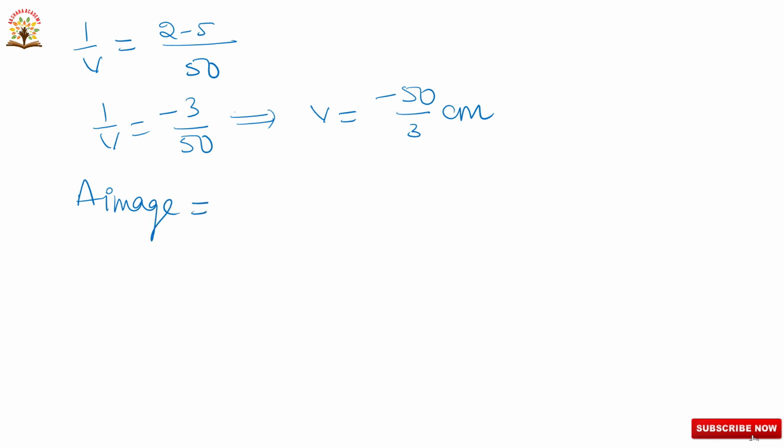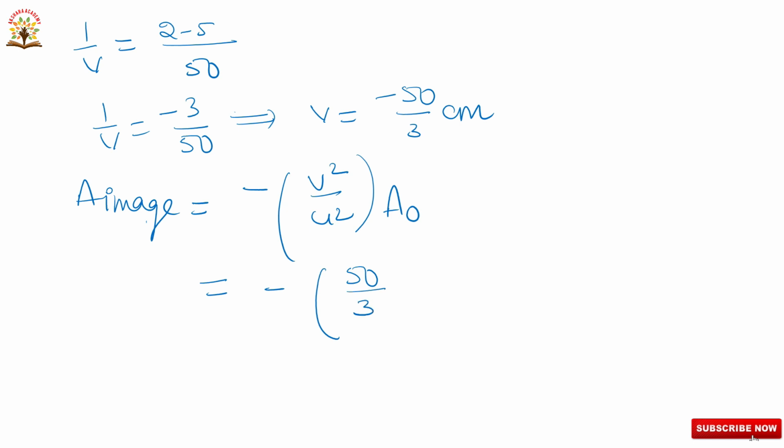Now the area of the image is minus v square by u square into the area enclosed by the object. Here the area enclosed by the image of the wire is minus of v by u whole square into A naught.